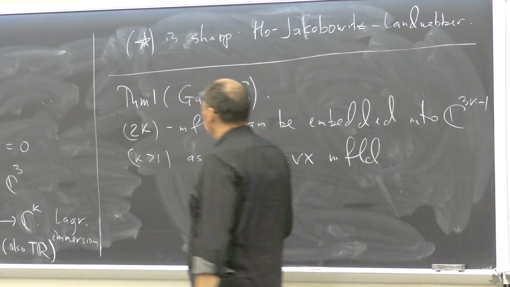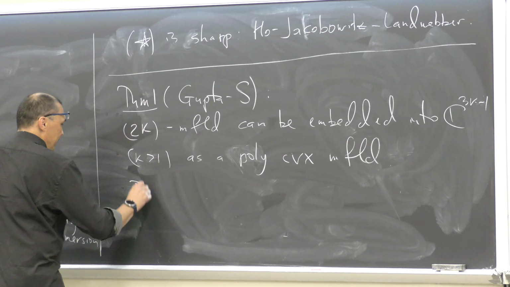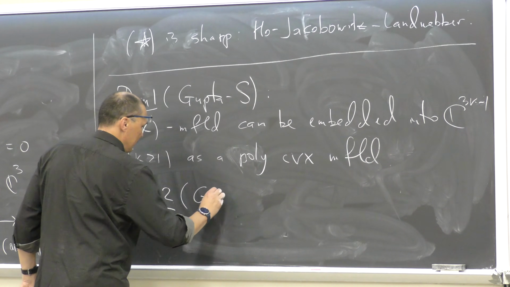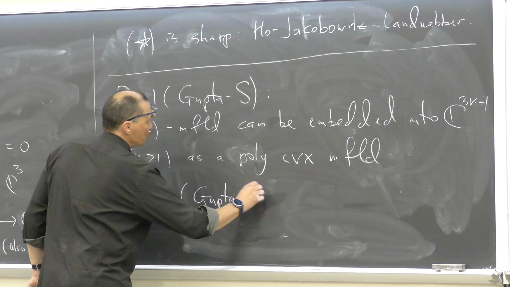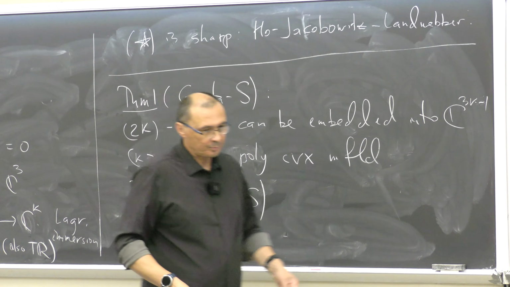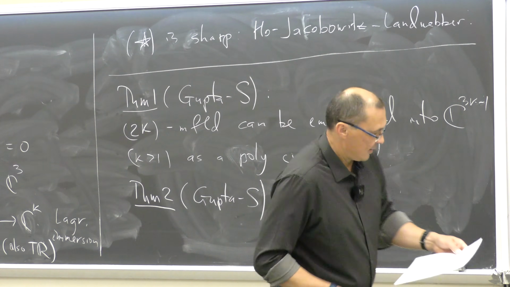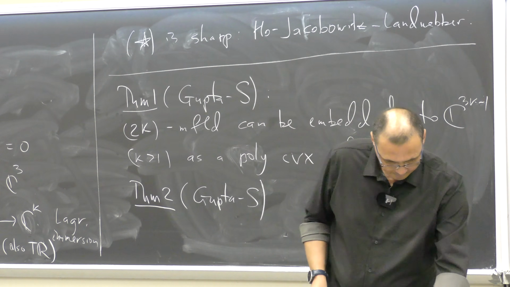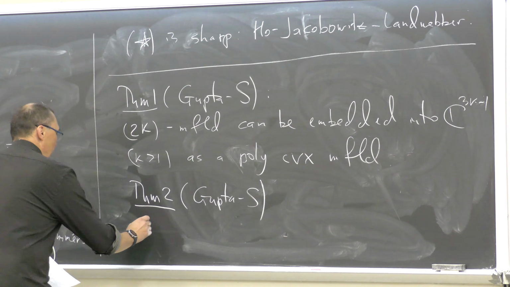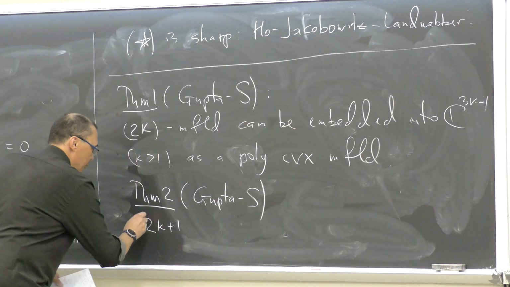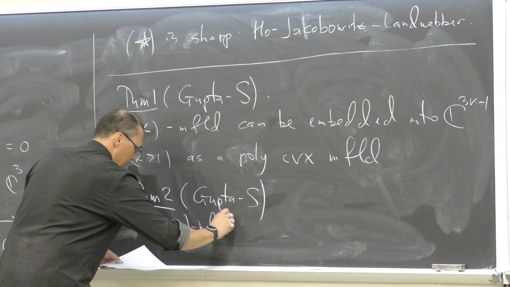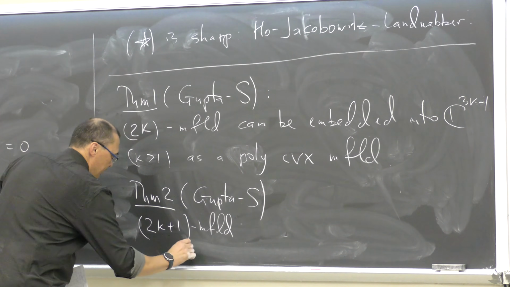And the second result is for a different dimensional setting. Here we have odd dimensional manifolds, 2k plus 1, where k is bigger than or equal to 2.